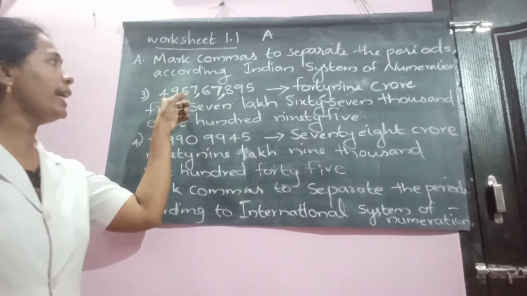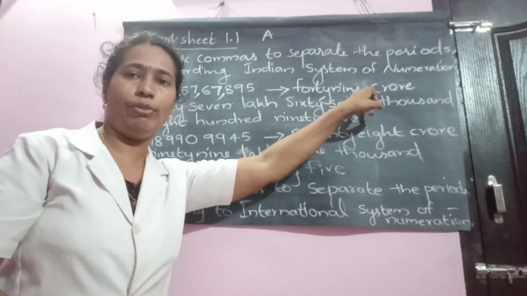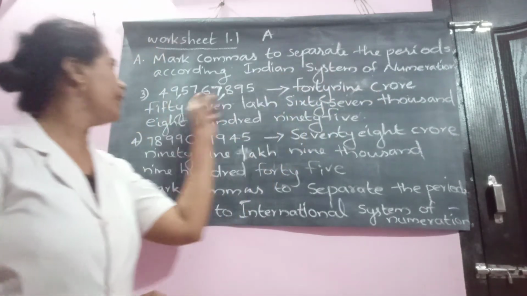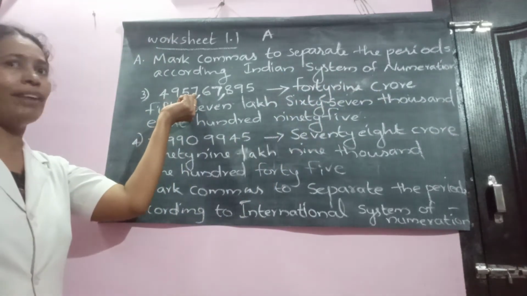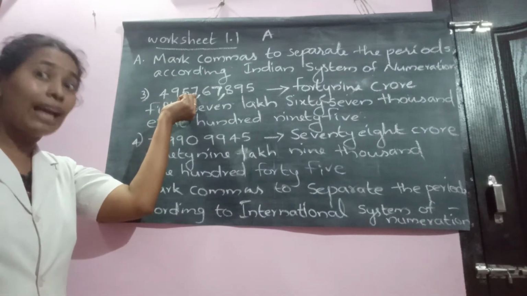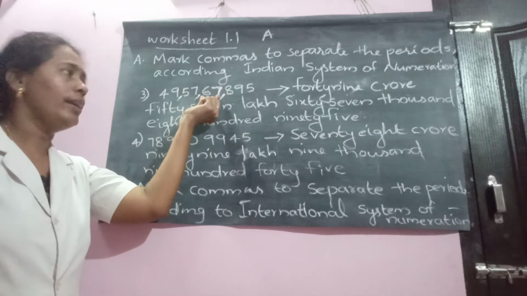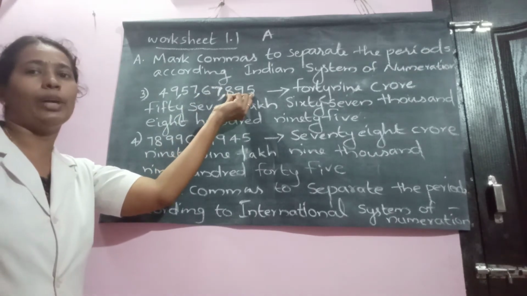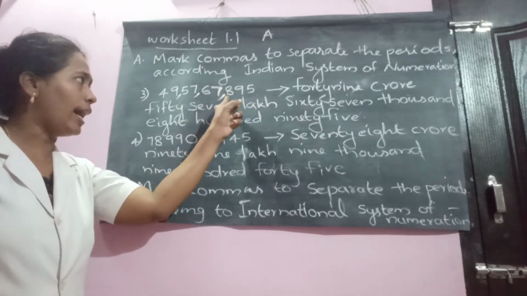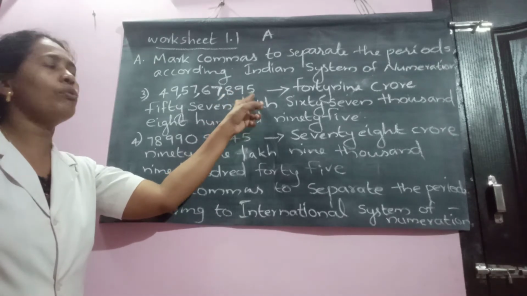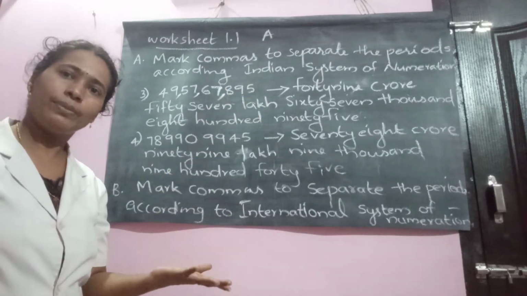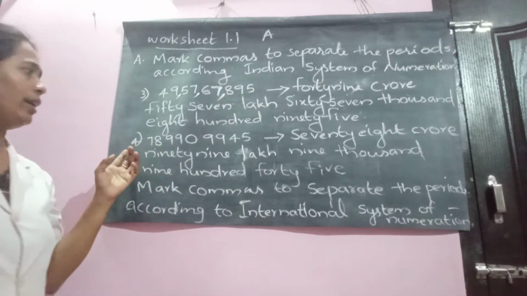So 49 crore. Then next one, 57 lakh. Then 67,000. And the last 3 together you read it. 895. Finished.